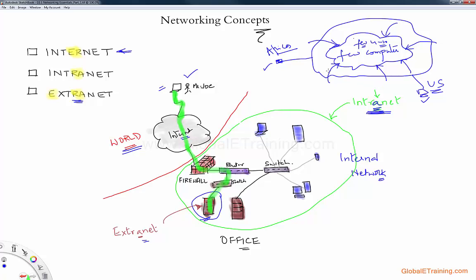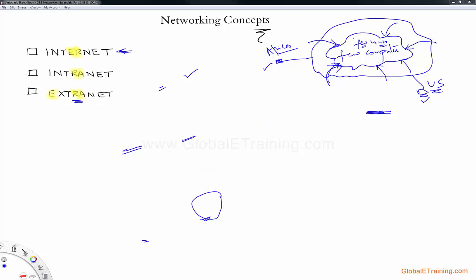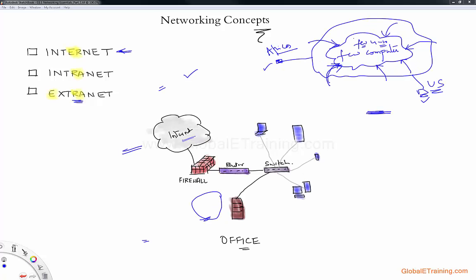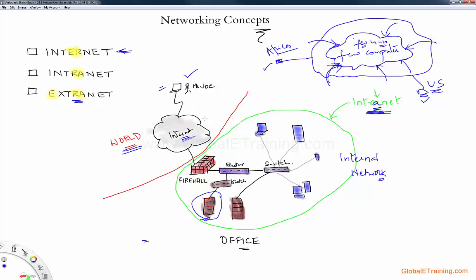That's the reason, when you get connected to the internet and you try to check your Hotmail, it doesn't matter where you connect from, you will be able to get to Hotmail, because all these servers are connected to one network called the internet. So that's what the internet is, the whole world.